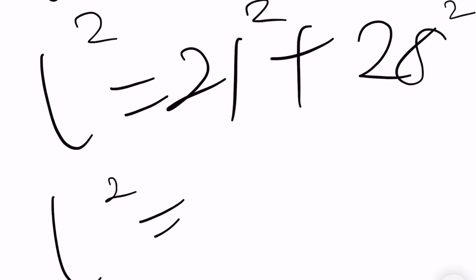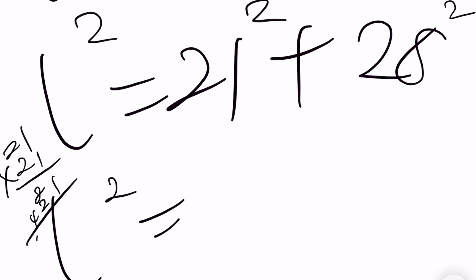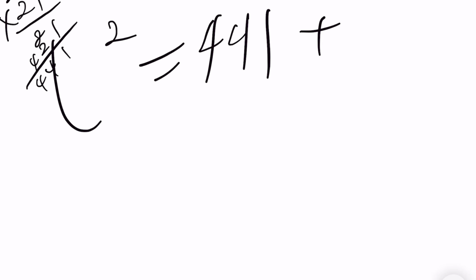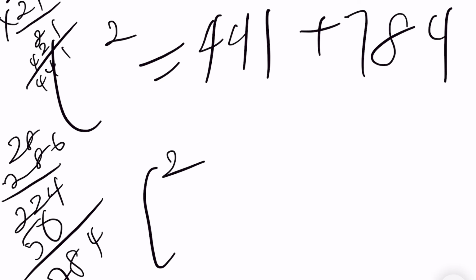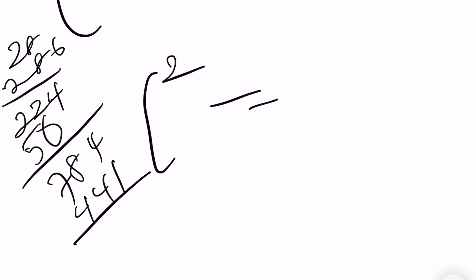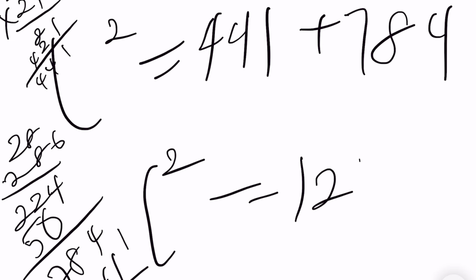So we have l squared to be 21 times 21, this will be 441, plus 28 times 28, which is 784. Now our l squared is 441 plus 784, so we have 1225.